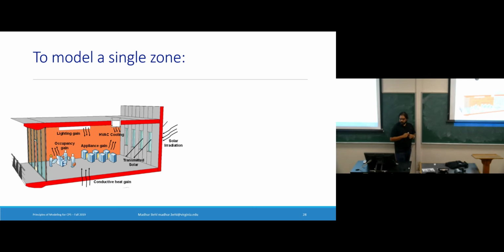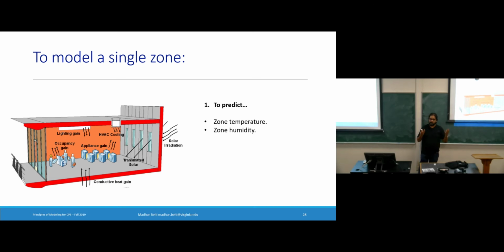Okay, so to model a single zone, what does it mean, right? I want to take you back to the very first lecture where I said that all models are wrong, but some are useful. So today we will talk about what's a useful model for a single zone. We want to predict the future, I think everybody agrees on that. We can predict zone temperatures.